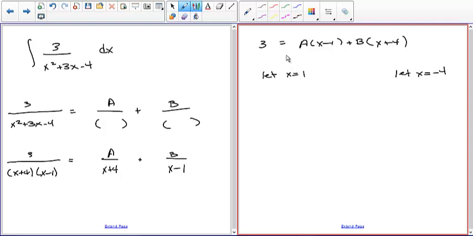So here's your expression, and we're going to let x equal -1 and x equal 4. That makes this go to 0 and this go to 0.